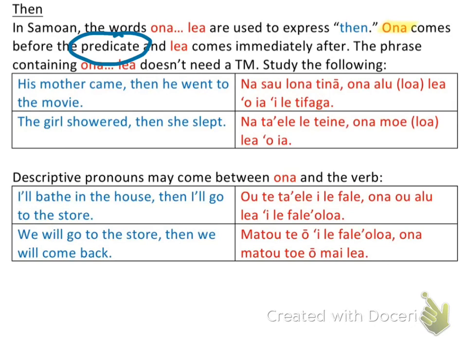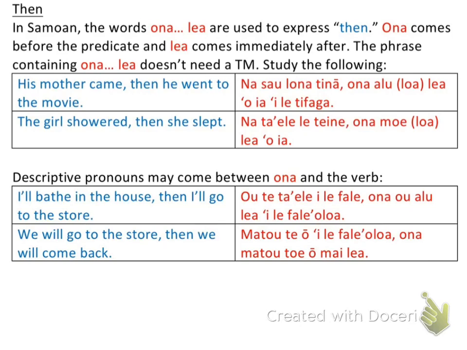But normally it's going to be the verb or the verb phrase, okay? So that's what ona does. It comes right before that verb or the predicate of some sort. And then the lea comes immediately after that phrase. So you'll have ona, then you'll have your predicate or your predicate phrase, and then lea will kind of cap it off, if you will. And with this part, the phrase containing ona ... lea doesn't need a tense marker.